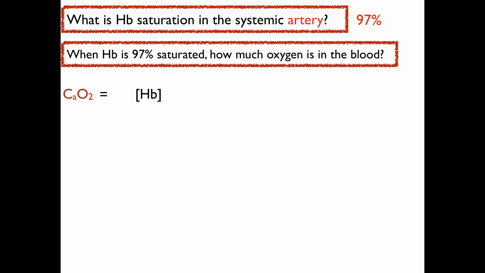How much hemoglobin is there? Generally, we express how much hemoglobin there is in grams of hemoglobin per 100 milliliters of blood. So if I was to take 100 milliliters of your blood, how many grams of hemoglobin is there? In an average male, we would find about 15 grams of hemoglobin per 100 mils of blood if he was living at sea level. Obviously, in a disease state, you may have less.